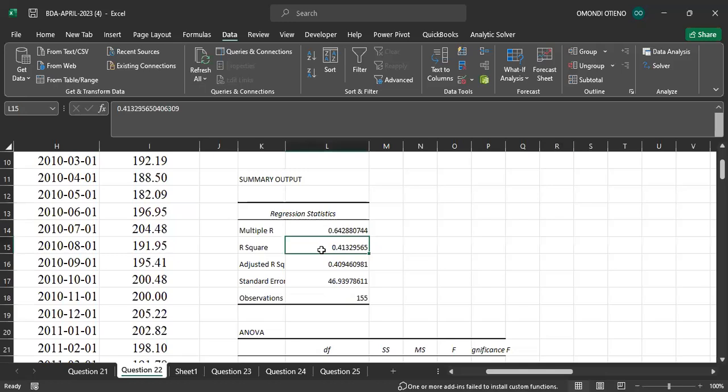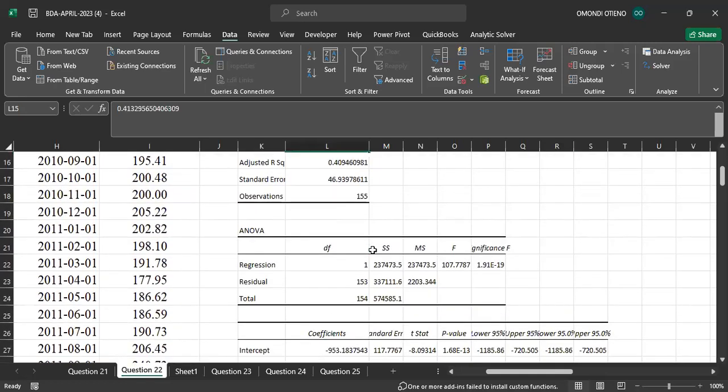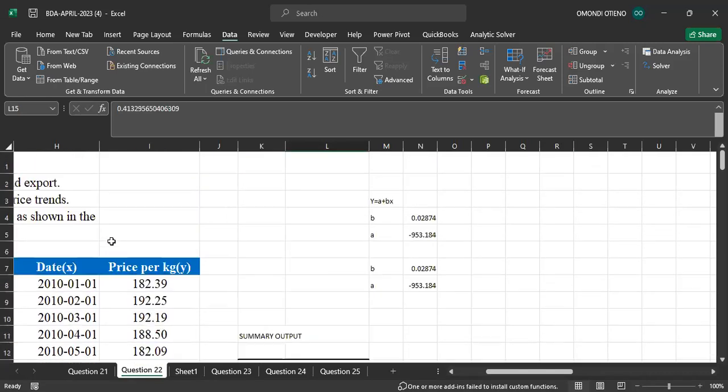The changes in selling price are affected by date to an extent of 41.32%. The remaining percentage represents effects which are done by other variables outside the data model, which is not price, which is not date or time.